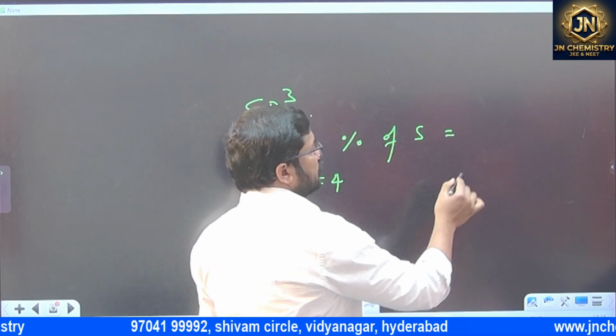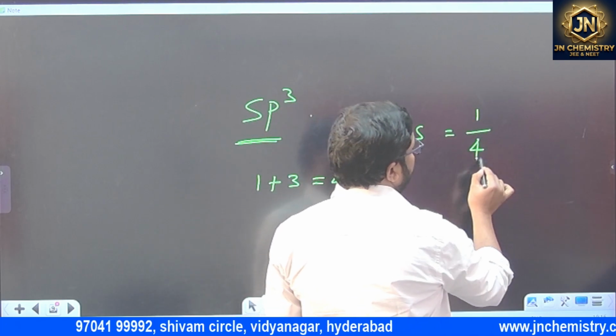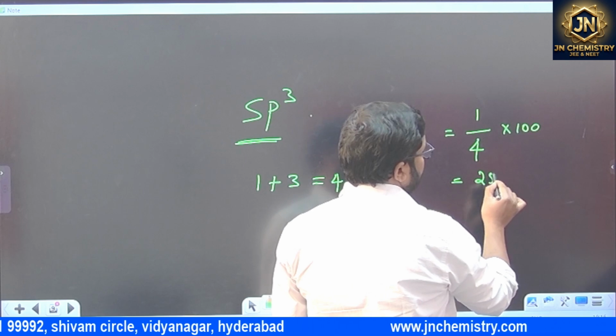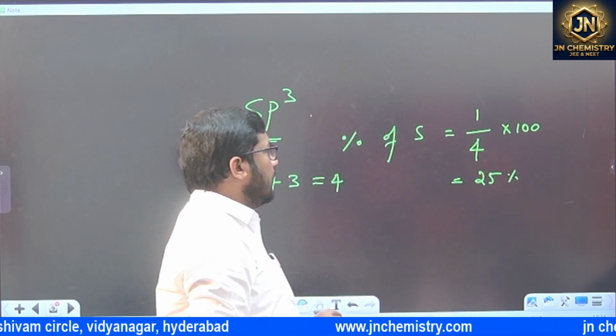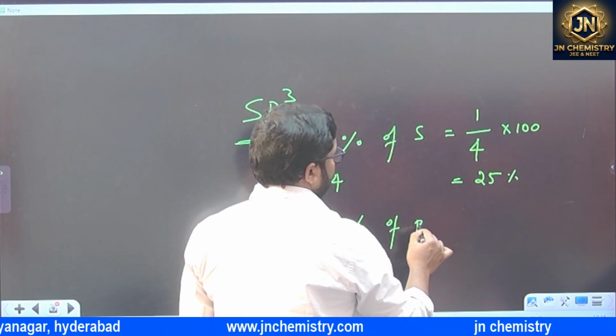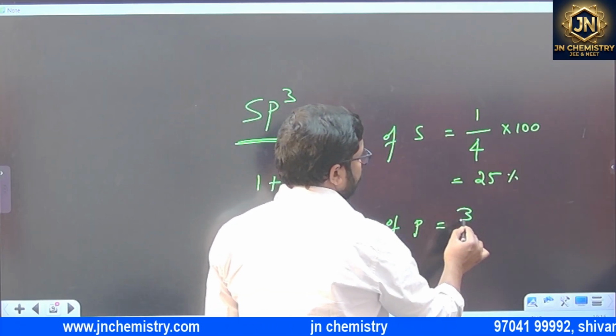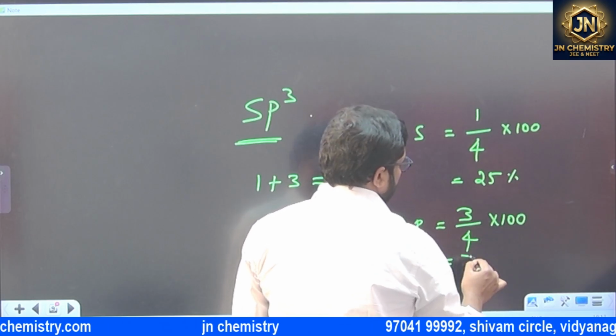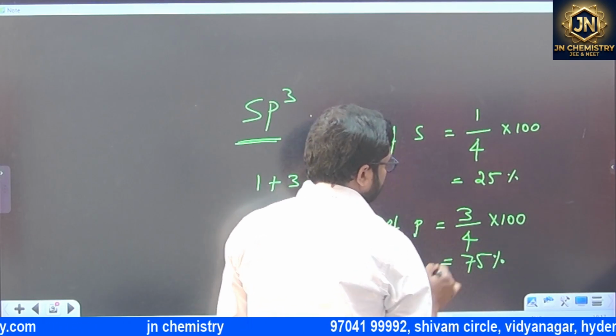So the percentage is 1 by 4 into 100, 25%. Percentage of p, 3 by 4 into 100, 75%.